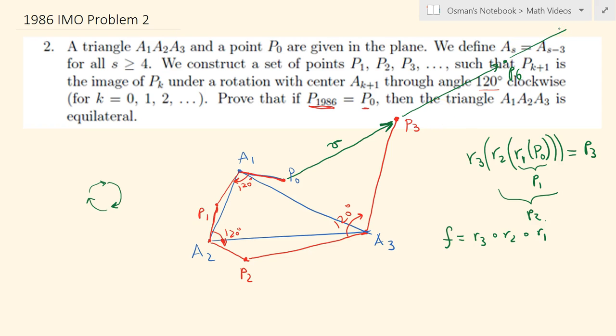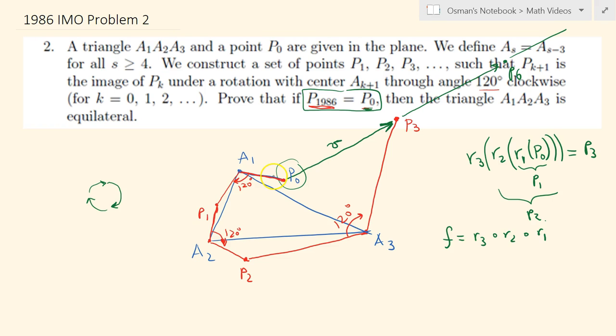So P9 will be up there, but then look at this given condition. Our triangle, or maybe our starting position, should be such that P 1986 is equal to P sub 0. And that gets me thinking, how can that be?